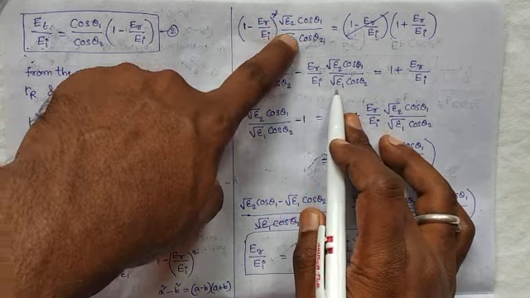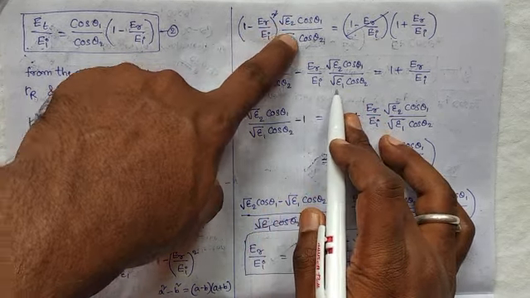Here we are taking this term to the right side. Similarly this 1 to the left side. Here the negative sign becomes positive. Here 1 is positive, and taking it to the left hand side means the sign is negative.